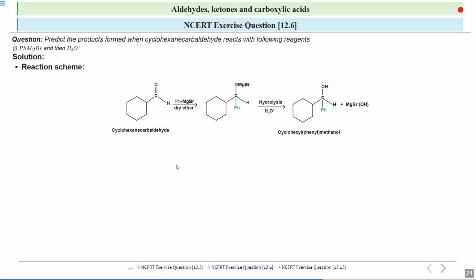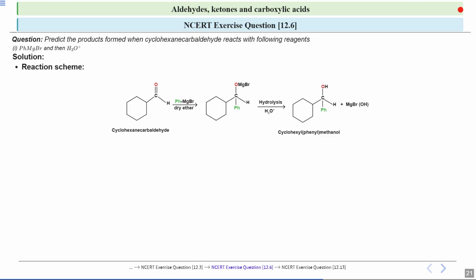If you see over here, we have cyclohexane carbaldehyde with phenyl magnesium bromide, followed by the addition of H3O+, and a new carbon-carbon bond is formed in this reaction. This is a classic example of a nucleophilic addition to an aldehyde.